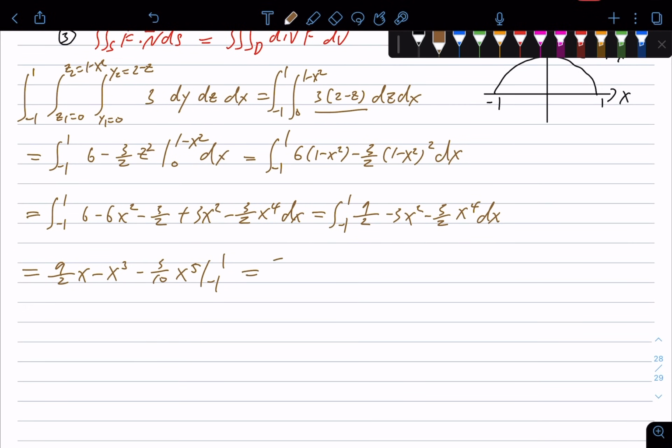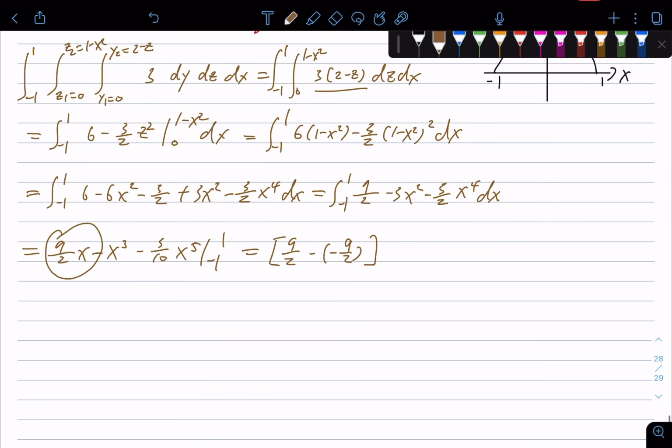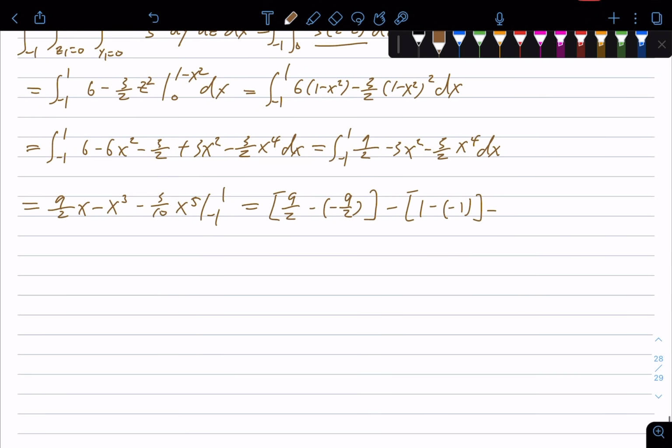So we're going to have 9/2 minus negative 9/2, for this part evaluated from negative 1 to 1, and then turning our attention to this case, which is 1 minus negative 1, and then we're going to have minus 3/10, again the same case with 1 minus negative 1.